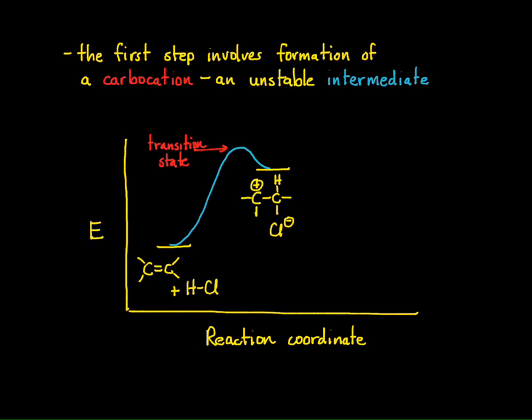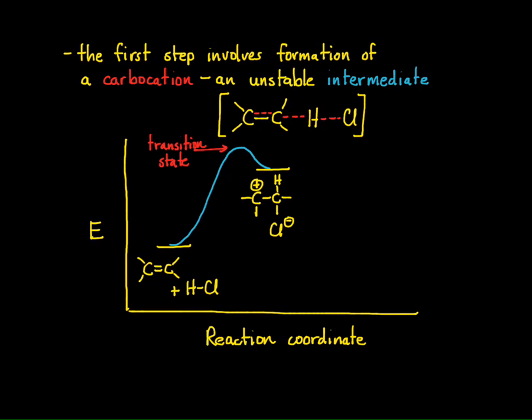And we can envision what that transition state looks like, where the carbon pi bond is starting to break. Electrons from that pi bond are starting to go to the hydrogen, and the hydrogen-chlorine bond is starting to break. I'm denoting those all as dashes because they are in transition. The electrons there are moving around.